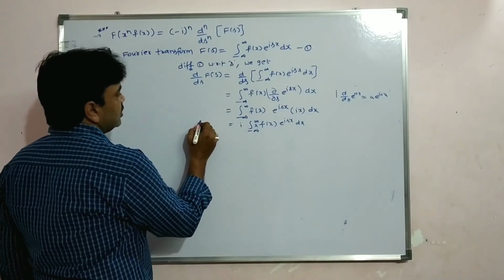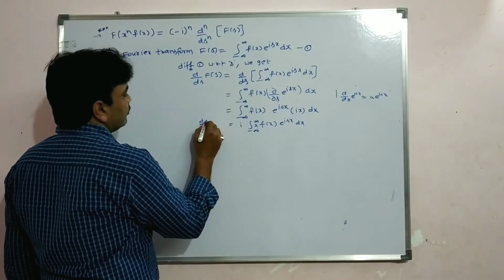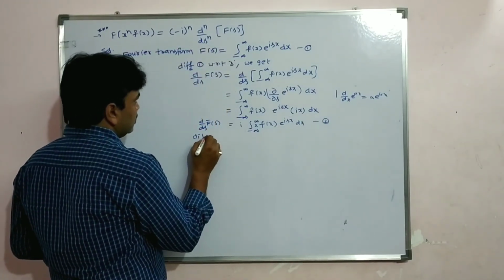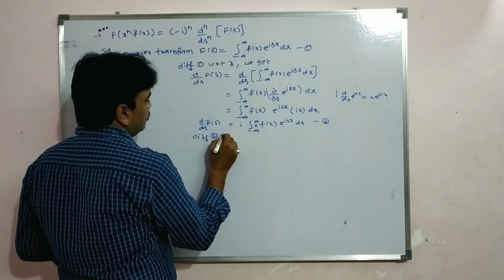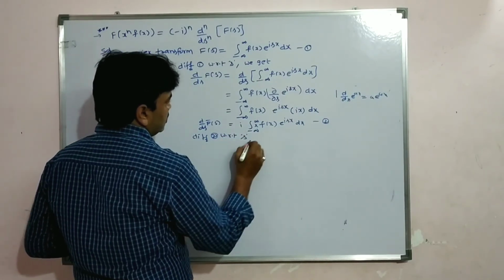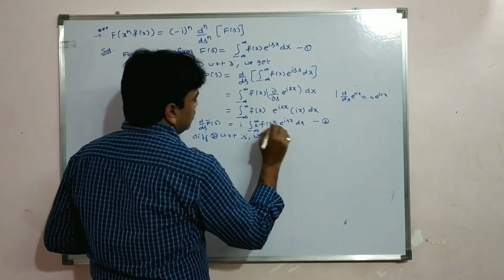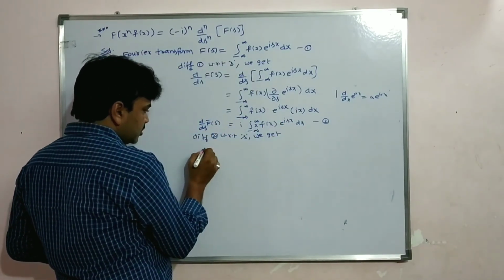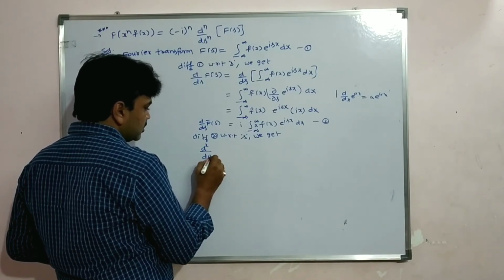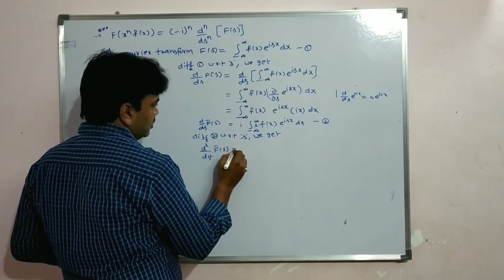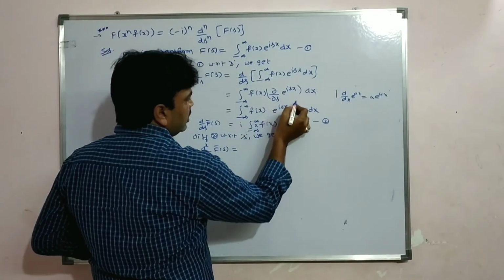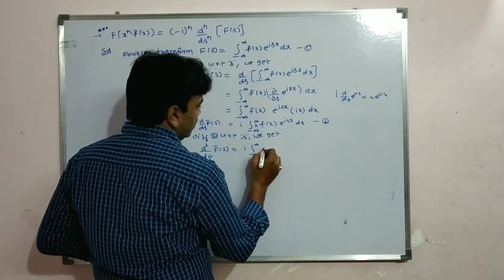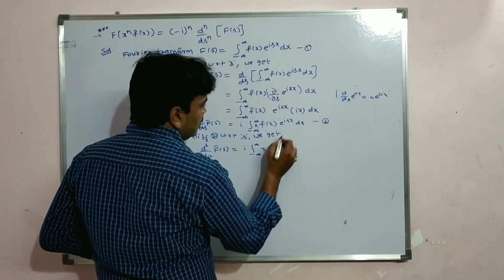Now say this is d by ds of f bar of s, say this is 2, students. Differentiate 2 with respect to s, we get, this time, d square by ds square of f bar of s, which is equal to, in similar manner, we differentiate like this, students. We get i into the integral of x f of x.